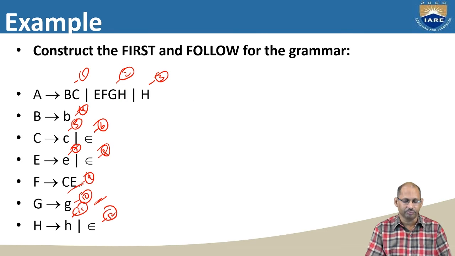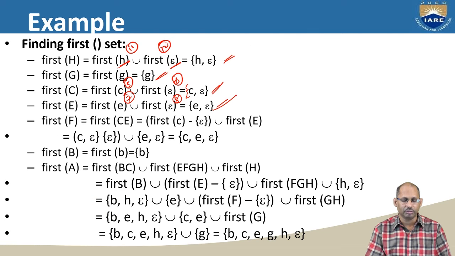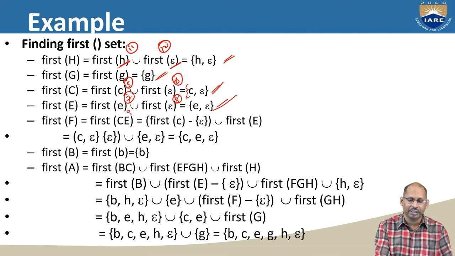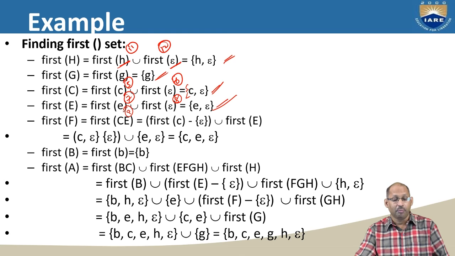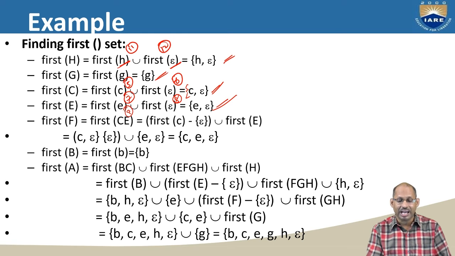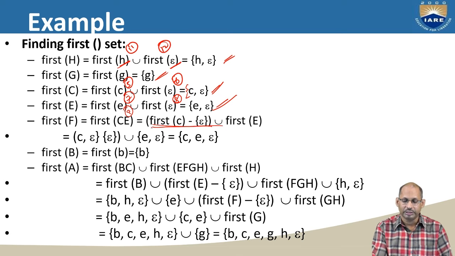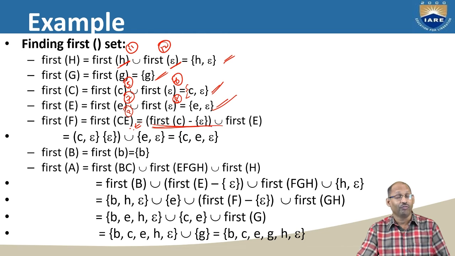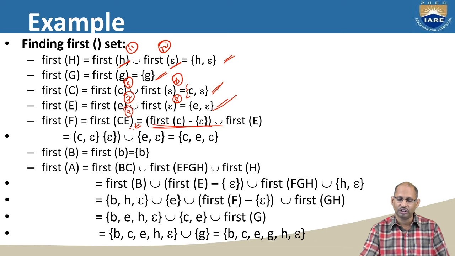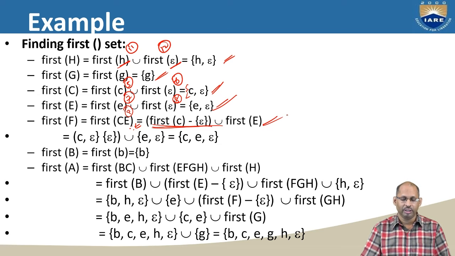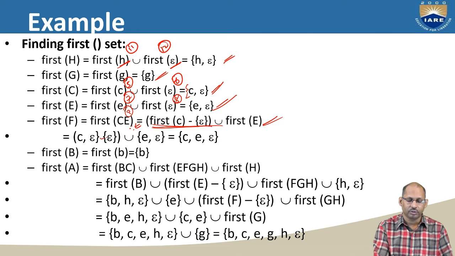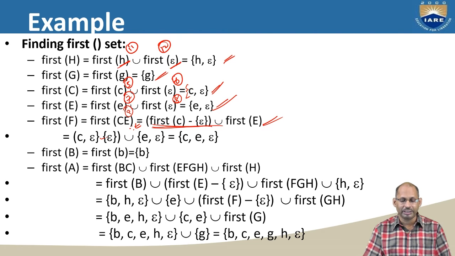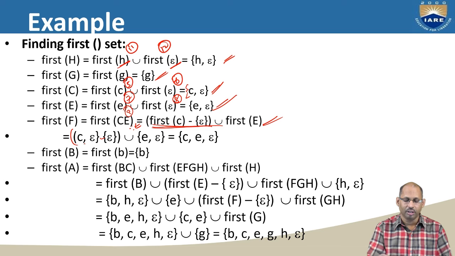First of CE from the ninth production. But C has epsilon, so we say first of C minus epsilon union with first of E. So C minus epsilon union with E epsilon.